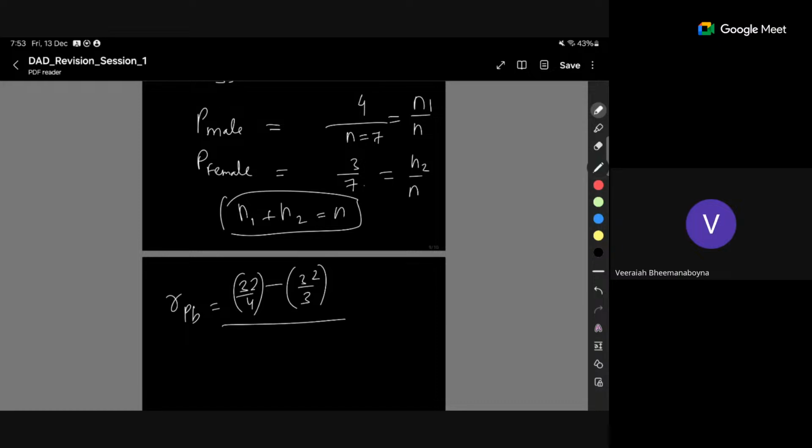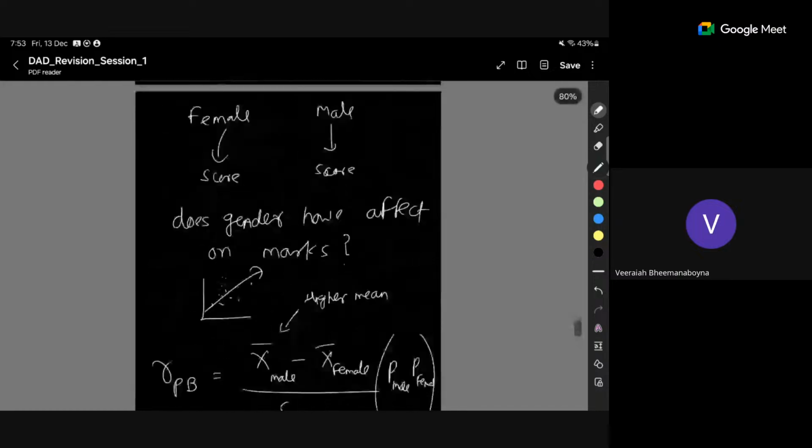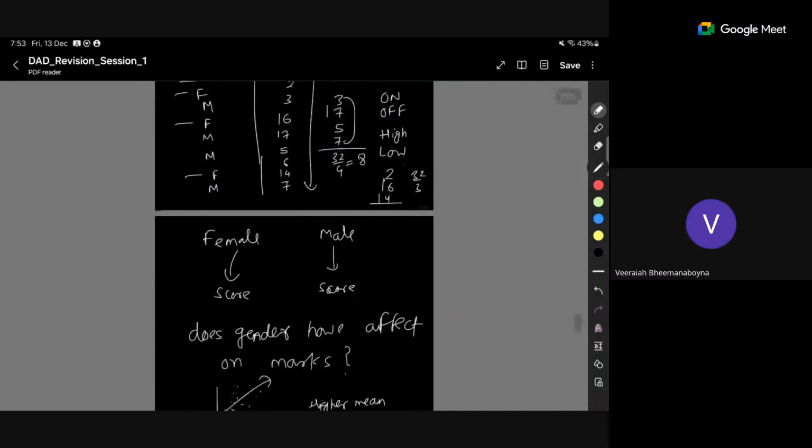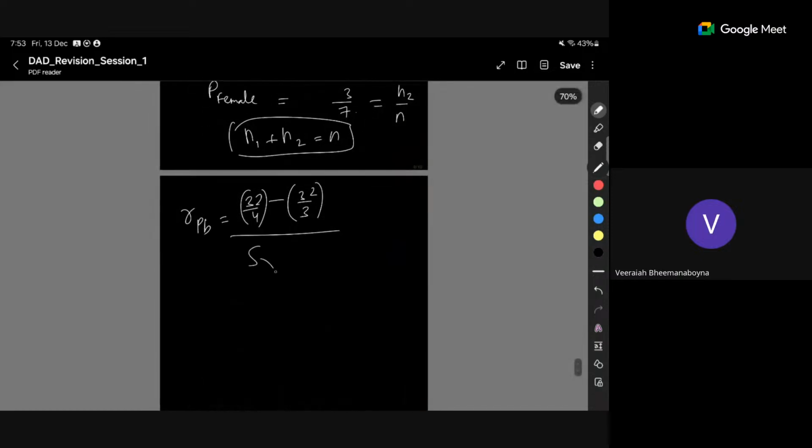Then I'll write the standard deviation of x. How will I do that? I'll find the total mean. Then I have to find the x's, which you can do, right? You know how to find the standard deviation.